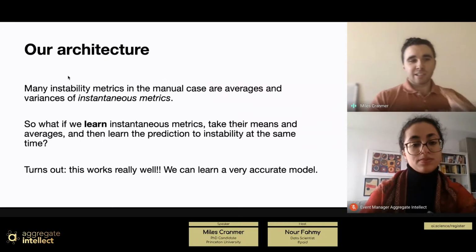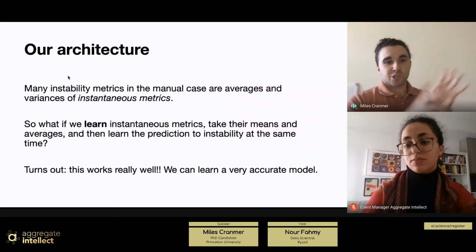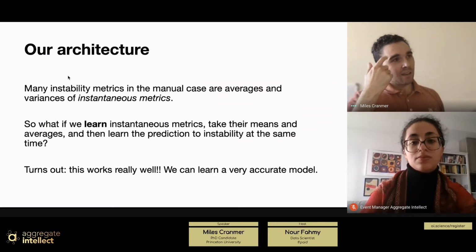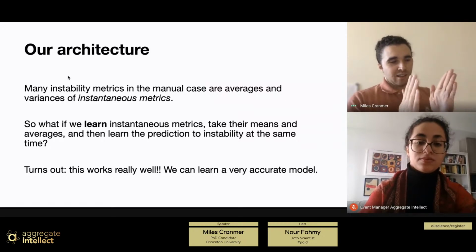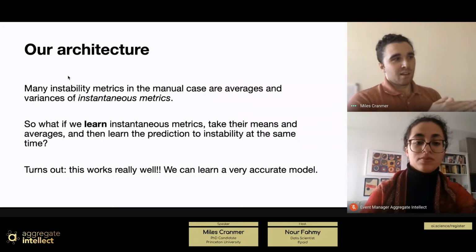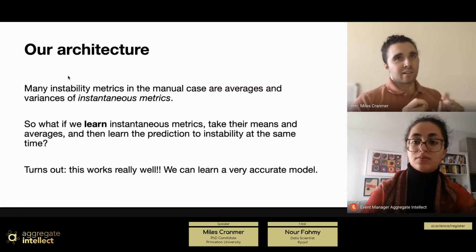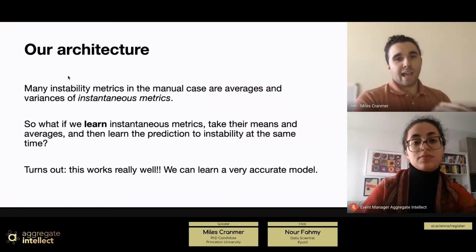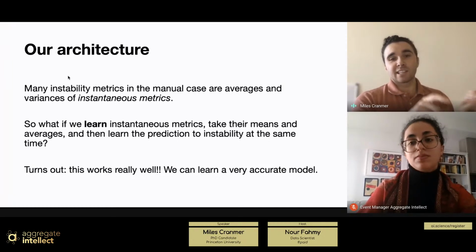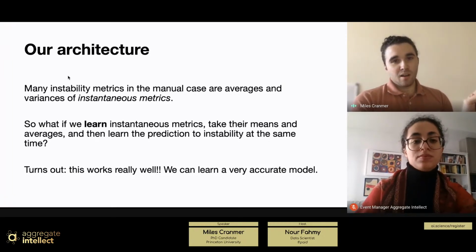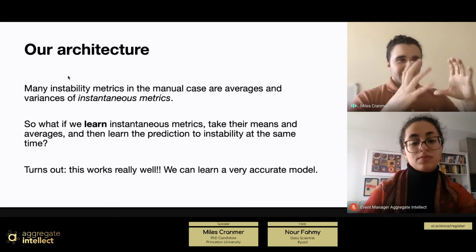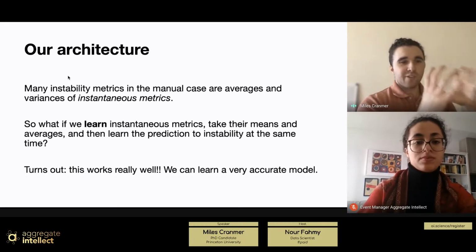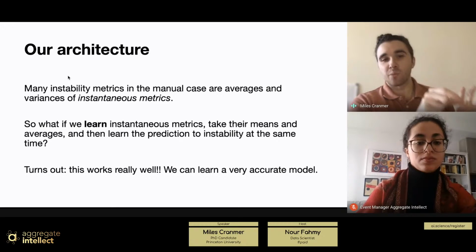That's the functional version of this. But instead of just using theoretical metrics like separation between planets and taking the average and variance, what if we learn those metrics and do the same thing, taking the means and variances? So we're basically taking that theoretical approach and just learning an optimal function inside it.